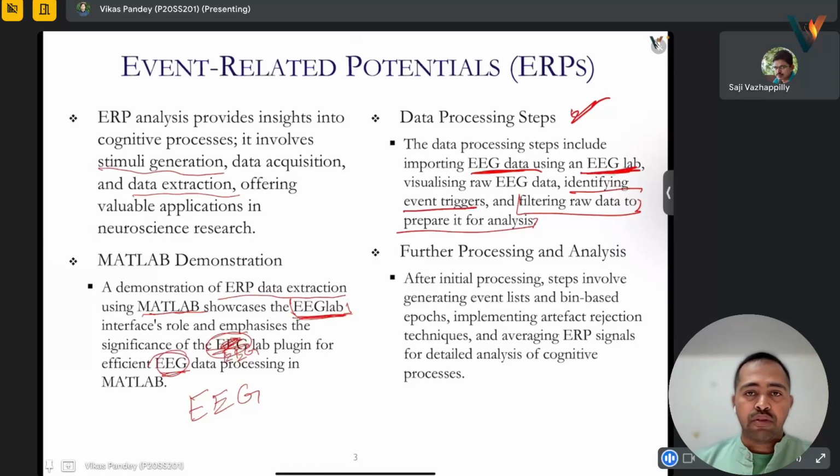After this initial processing, the steps involve generating an event list and a bin based approach, so that we are separating it into different bins, implementing artifact rejection techniques, and averaging the EEG signal for detailed analysis of cognitive processes.